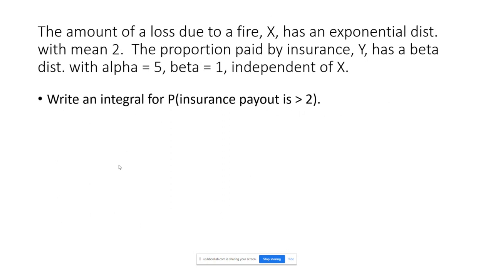The amount of a loss due to a fire, so the amount of money that's lost because of the fire, has an exponential distribution with a mean of 2. And the proportion of the loss that's paid by insurance, so y is a proportion, it's between 0 and 1, has a beta distribution with alpha equal to 5 and beta equal to 1, independent of x.